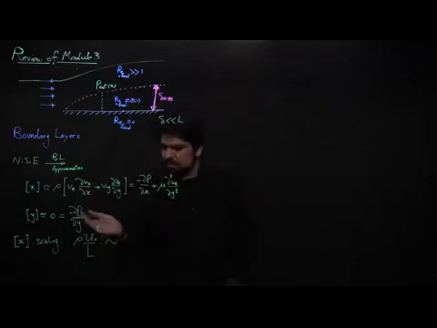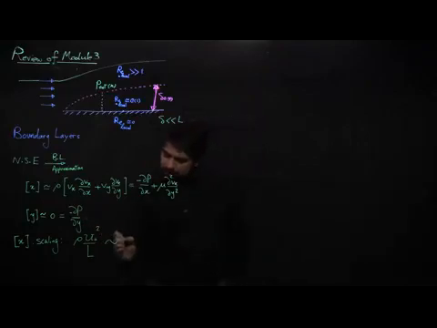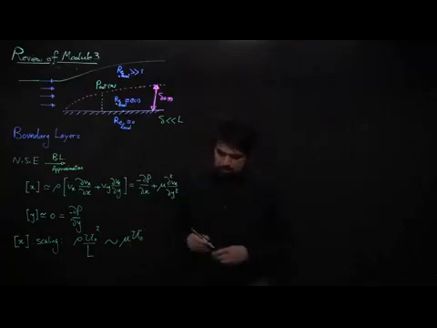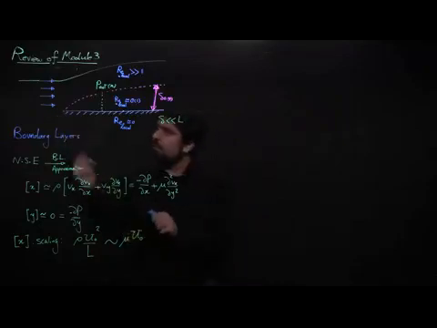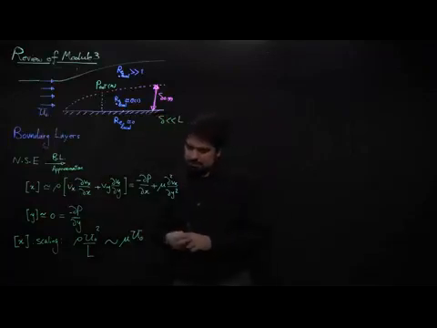Similarly, if viscous stresses are in balance with inertia inside the boundary layer, then the scale of viscous terms should go the same as inertia, and viscous terms scale as mu times the scale for velocity, which is again u0. And u0, if you want to remember, is the velocity of the free stream that is coming over the plate.